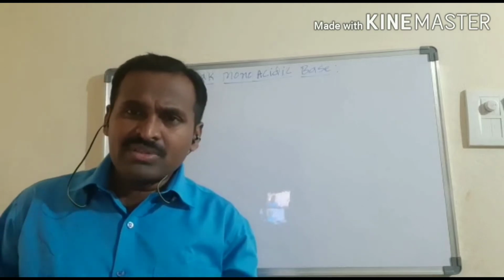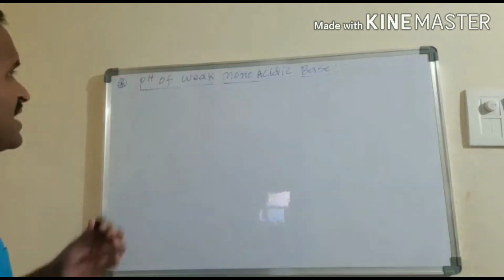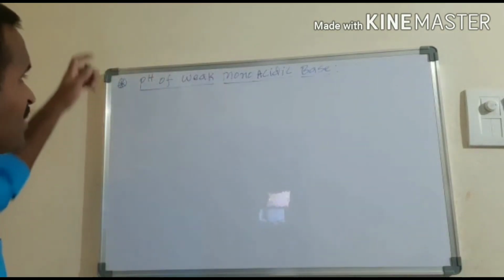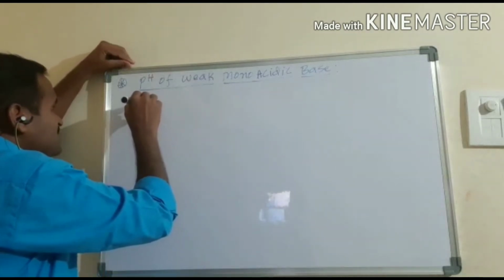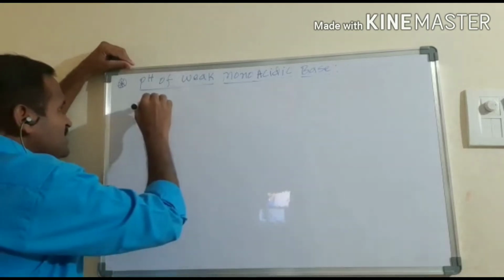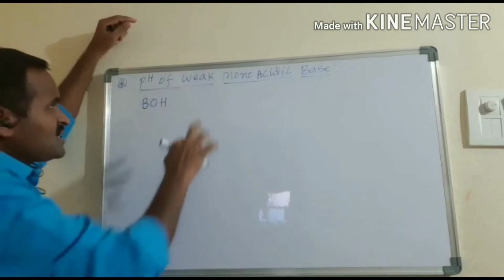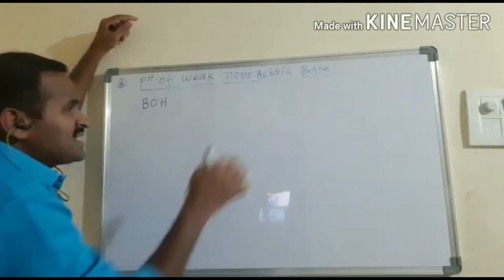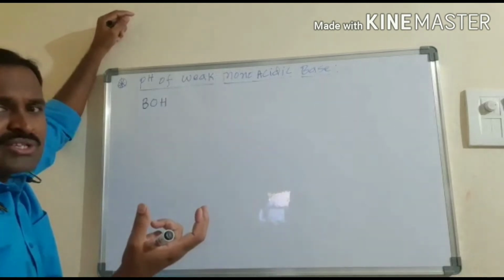Here I am taking the general form of a monoacidic base, BOH. This BOH is a weak monoacidic base.